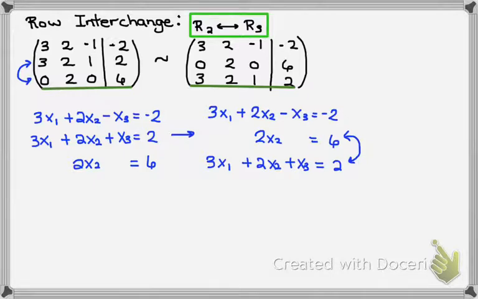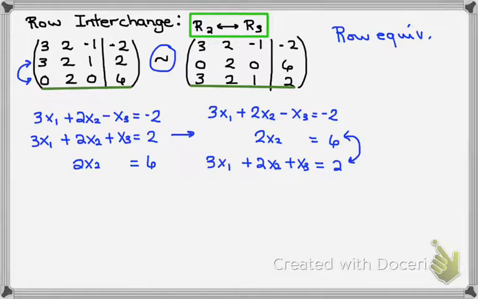Notice that between the 2 augmented matrices there's a symbol here. This is an equivalence symbol. What it means is that these 2 matrices are row equivalent. They're not equal, they're certainly not the same matrix.